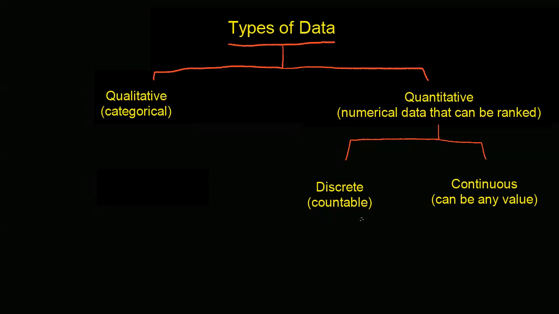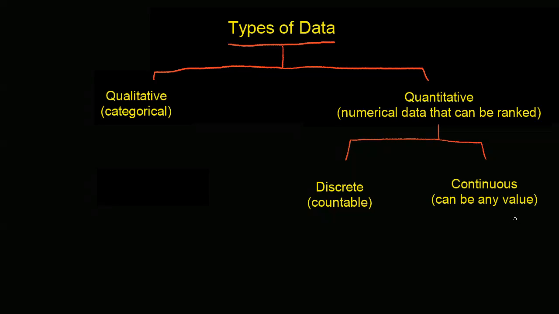Continuous can be any value. You could think of your weight. That's numerical data that can be ranked, because someone who weighs 90 pounds weighs less than someone who weighs 200 pounds. And it can be any value in the sense that we can measure weight to more and more precision.